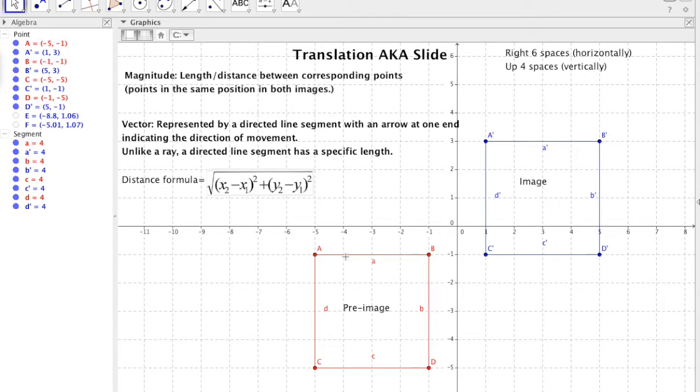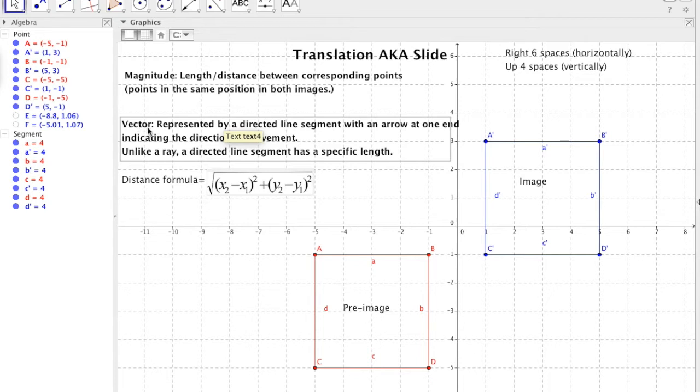The length here is 1, 2, 3, 4 units for each of these sides of the square, and also here 1, 2, 3, 4 units over here on the square. In order for us to do that and preserve the measurements of the square and move each point precisely the same way in the same distance, we have to represent it by something called a vector.